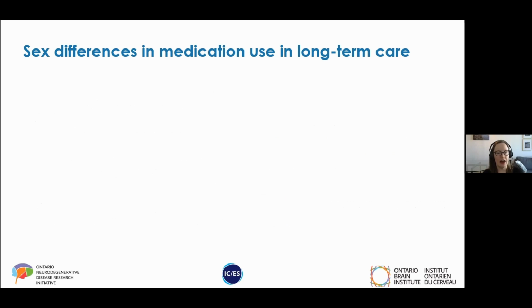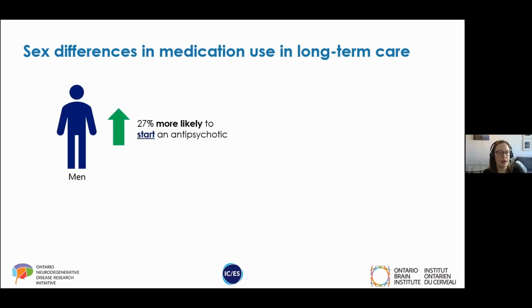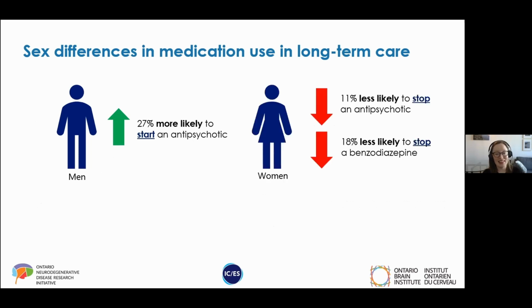So overall, when we looked at people with dementia who were newly admitted to a long-term care home, we found that men were about 27% more likely than women to start an antipsychotic in the 180 days following long-term care admission, while women were less likely to stop an antipsychotic, and they were also less likely to stop a benzodiazepine medication.